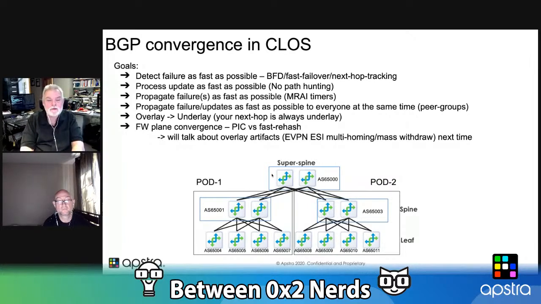The AS path lengths are equal, but default BGP rules say even though they're equal, they're not the same, so just pick one. And you don't have multipathing.